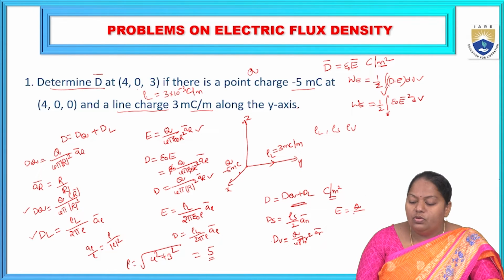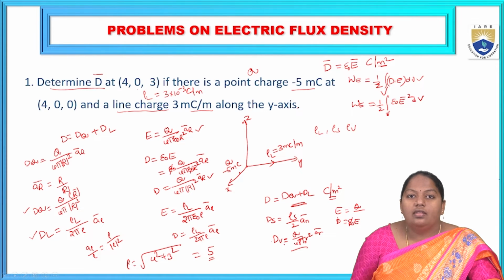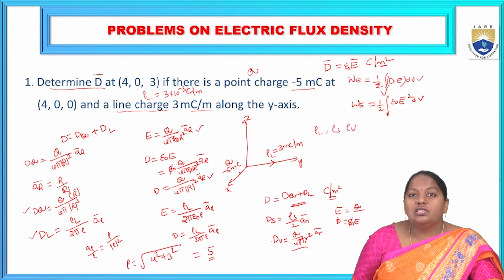Then the formula for D is epsilon naught into E, and the epsilon naught in the denominator gets cancelled. Then dV for the volume charge gives the electric flux density. So if the volume charge is present, we consider the flux density due to volume charge.